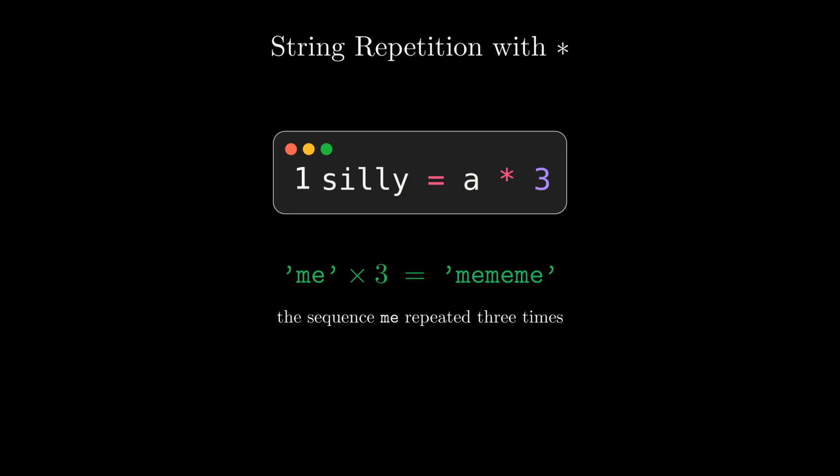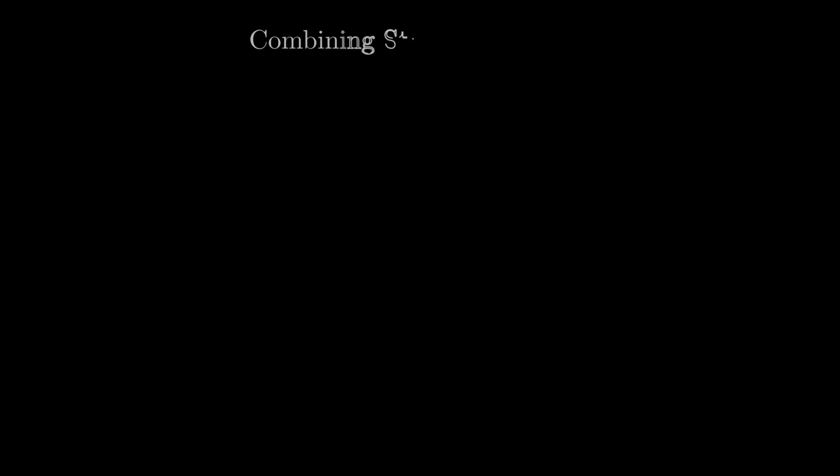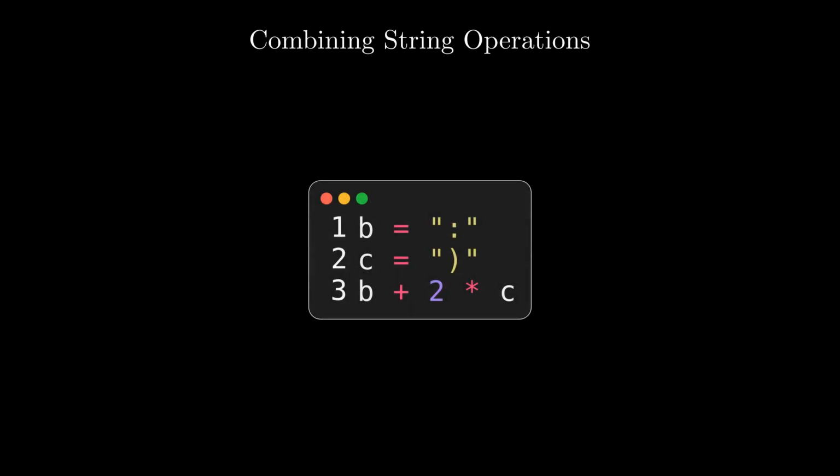Think of repetition as shorthand for concatenation. a times 3 means a plus a plus a. Same characters, same result, just written more compactly. These operations combine naturally in one expression. Suppose b is now set to a colon, and c is set to a closing parenthesis. 2 times c repeats the parenthesis twice, giving 2 closing parentheses.